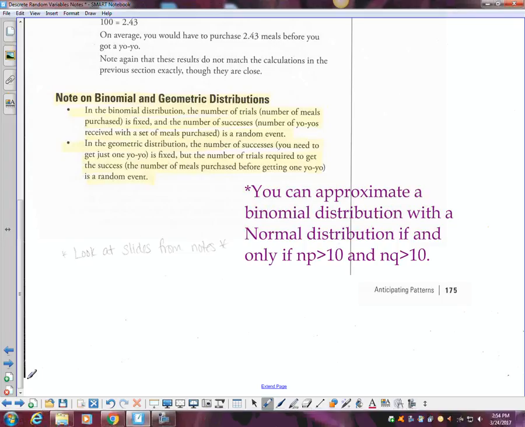You can approximate a binomial distribution with a normal distribution only if np and nq are bigger than 10. There was one problem we did where we did it with a binomial distribution and then we used a normal distribution to approximate it and did a normal CDF instead of a binomial CDF. And we showed that those two answers were crazy close to each other.